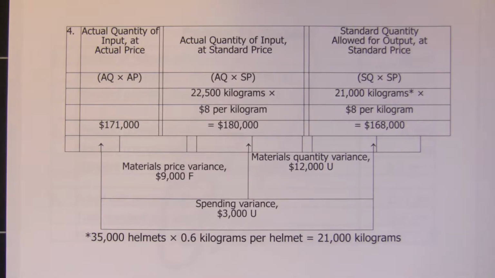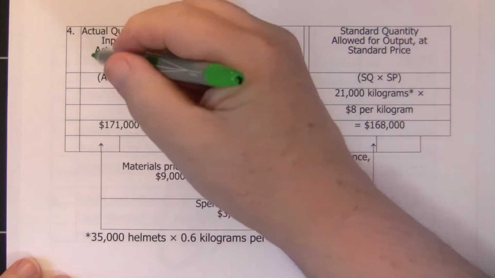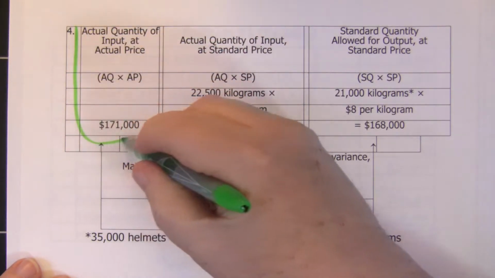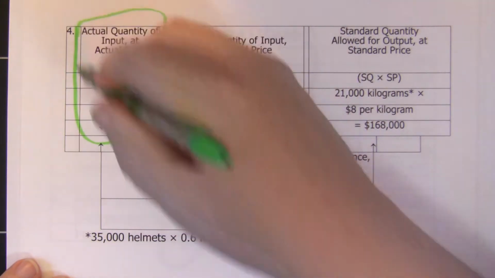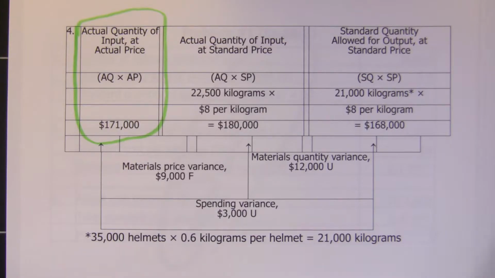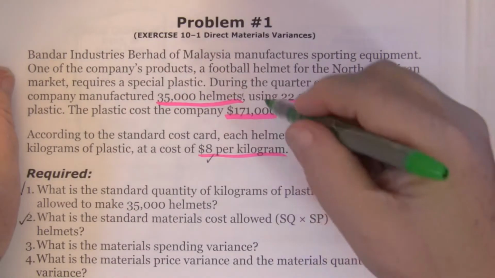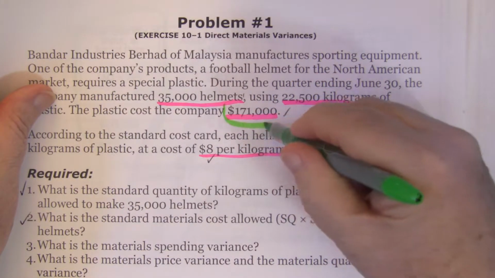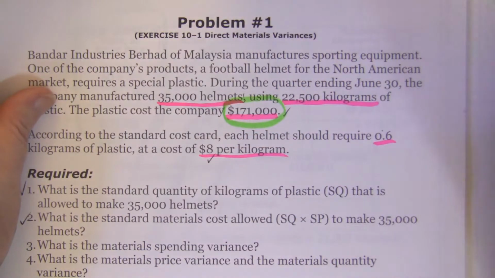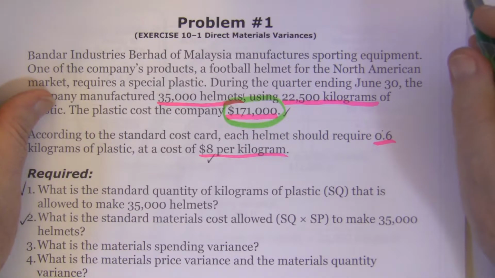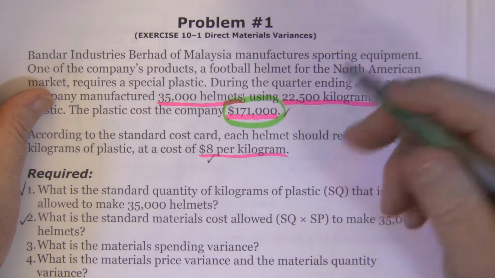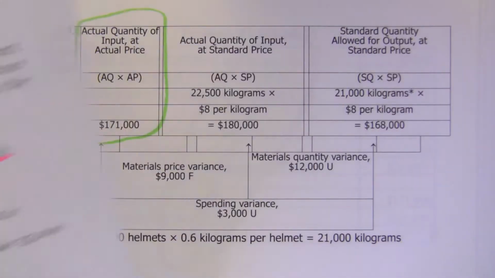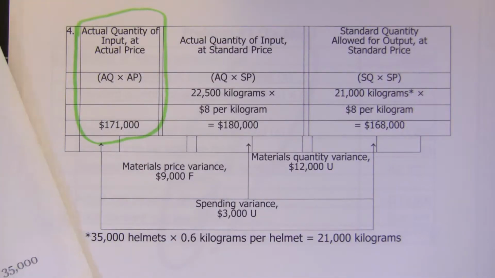The actual quantity at the actual price of 171,000, they gave us that. So when you're doing these problems, when they give you something, just say thank you and move on. They gave us 171,000, we'll take it.